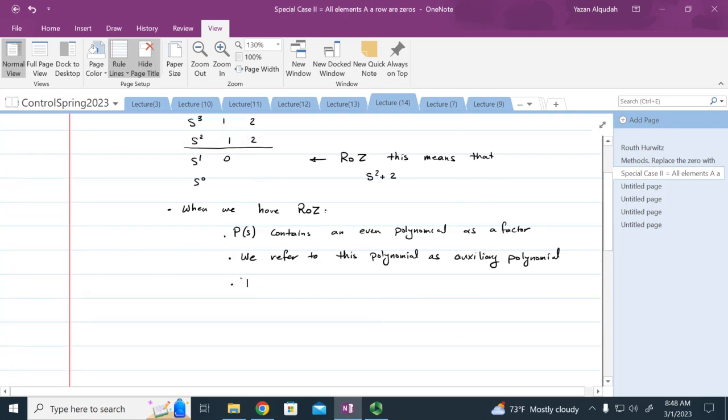This auxiliary polynomial appears in the row above the row of 0.